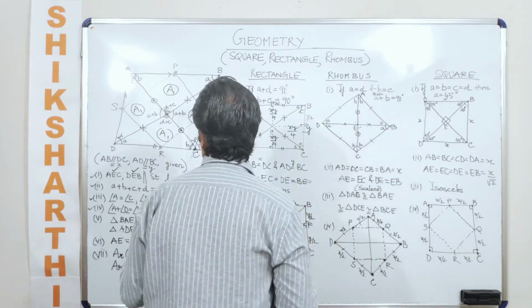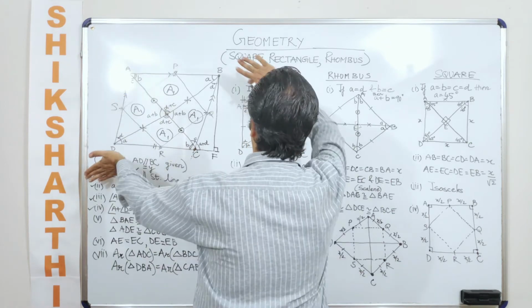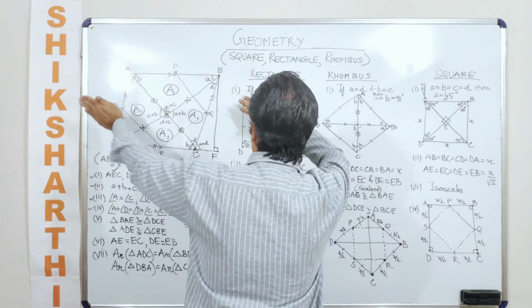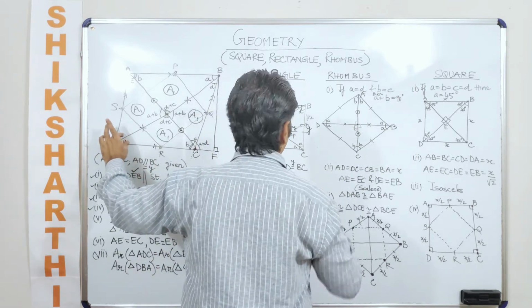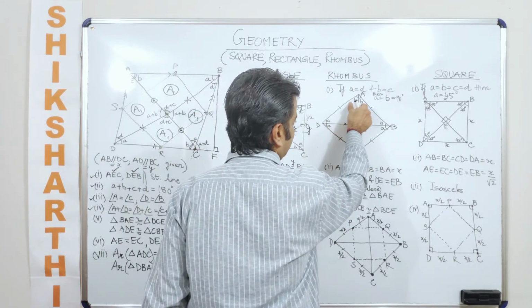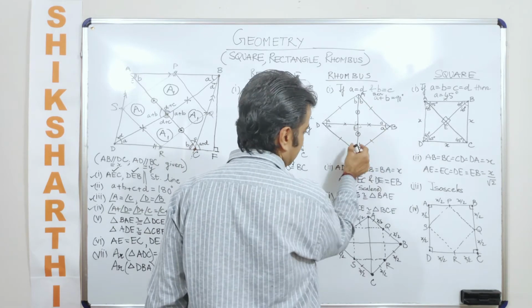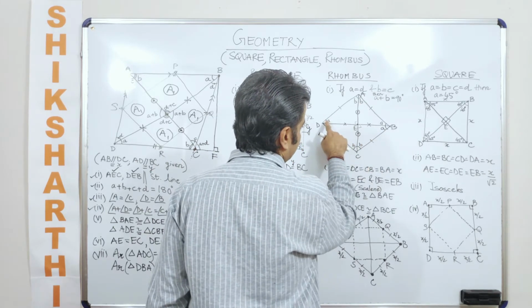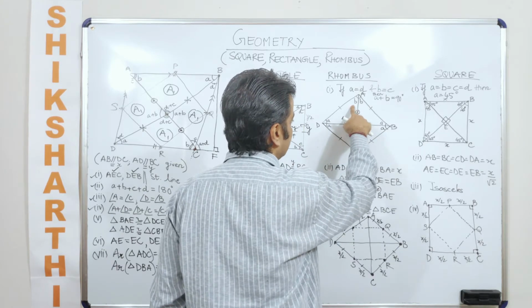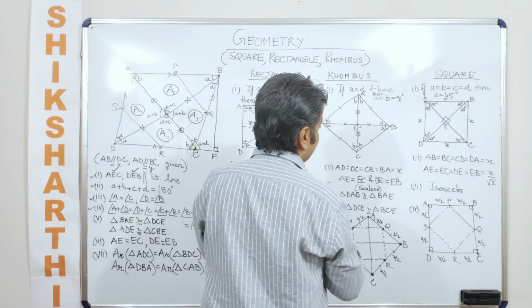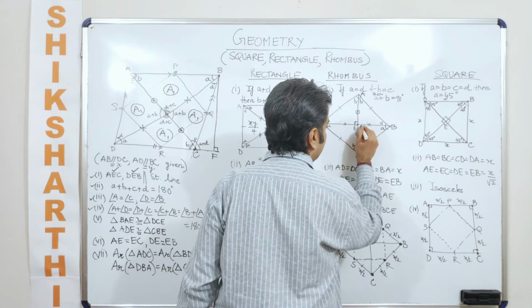Let's see. I have taken the same figure, and the only thing I have done is reorient it slightly. These are angle A, angle B, angle B, angle A, and so on. So what are we saying here? Using the property of the interior angles of a triangle, we'll say that this angle is equal to 90 degrees.